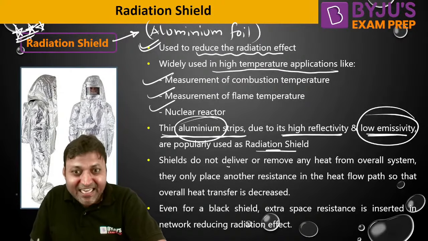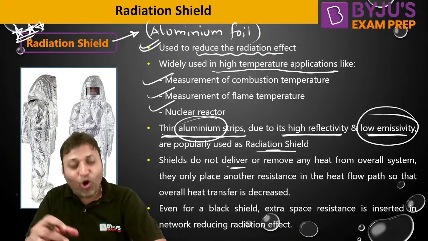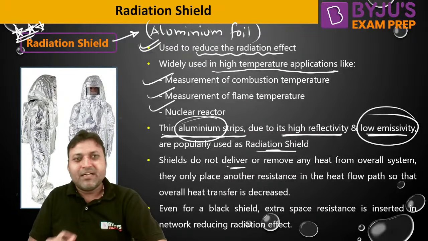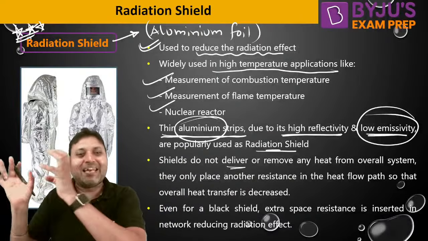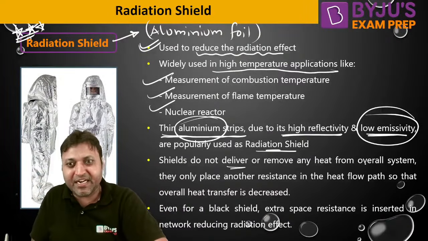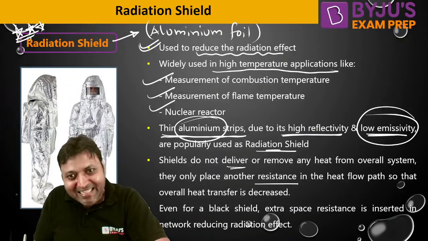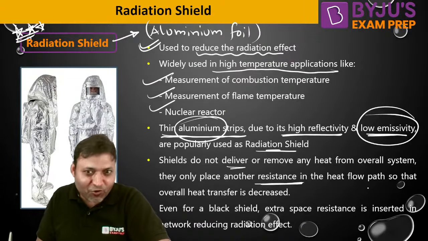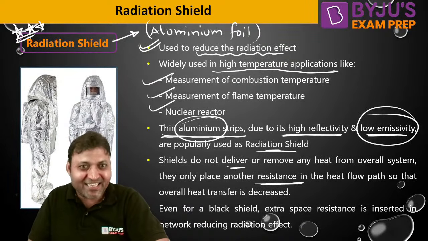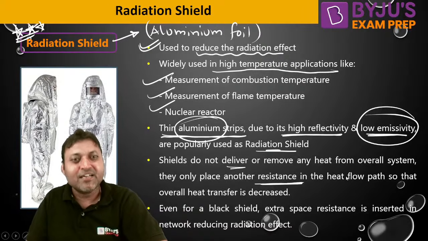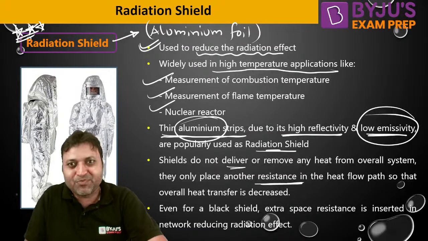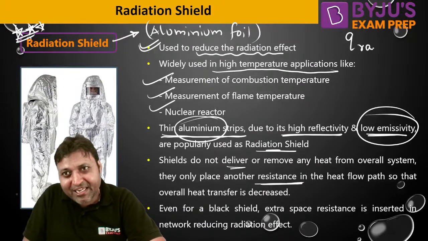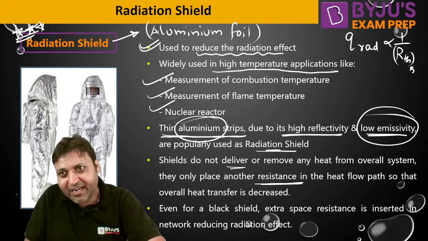They neither deliver any heat to the system nor remove any heat from the system. They neither introduce any radiation to the system nor remove any radiation from the system. What do they do? They only place another resistance in the path of the heat flow, and when there is an increase in thermal radiation resistance, definitely the heat transfer rate due to radiation will decrease, because Q radiation is inversely proportional to thermal resistance for the radiation.